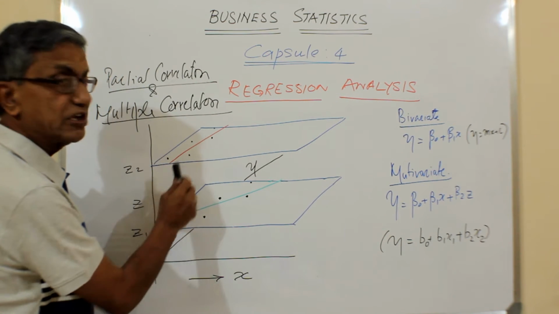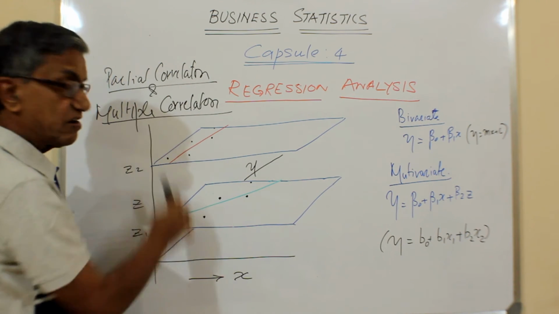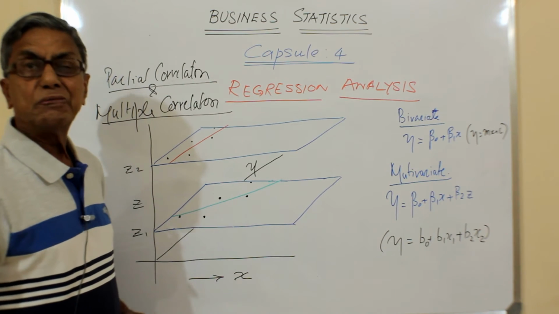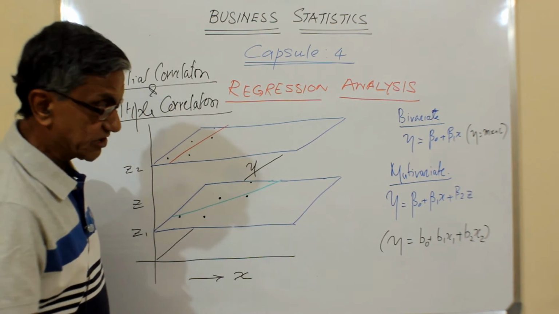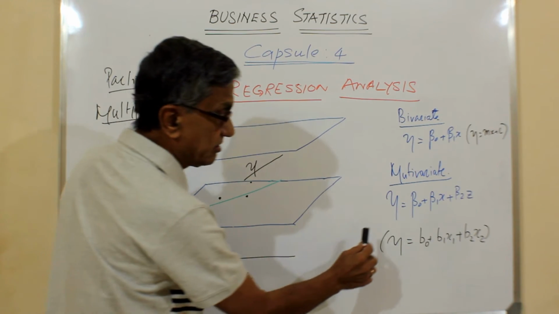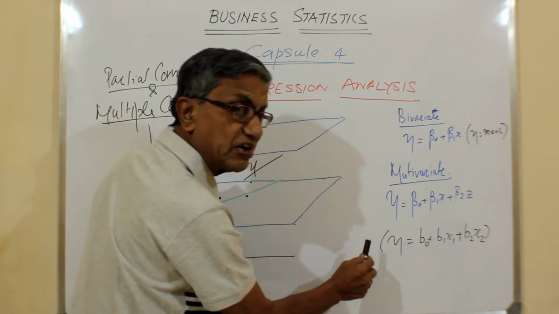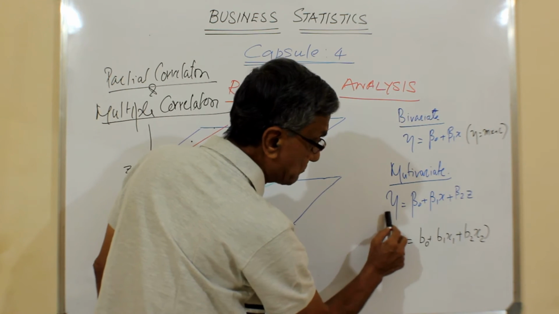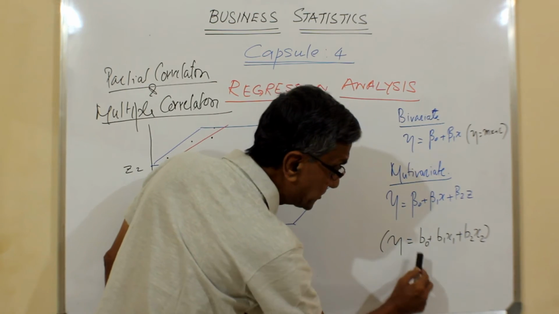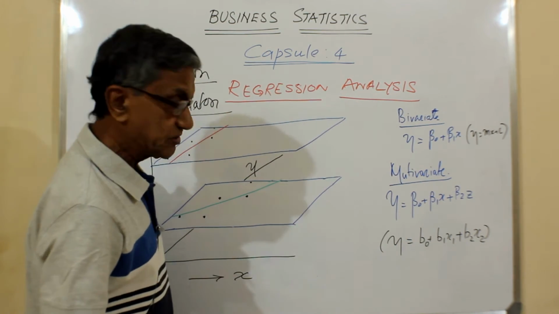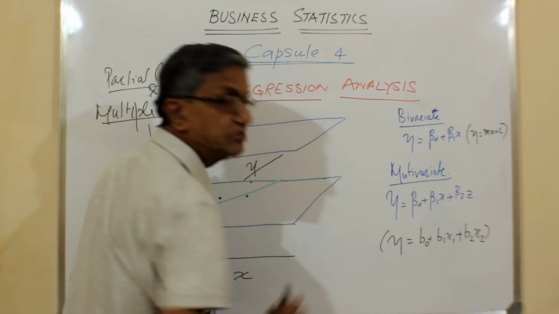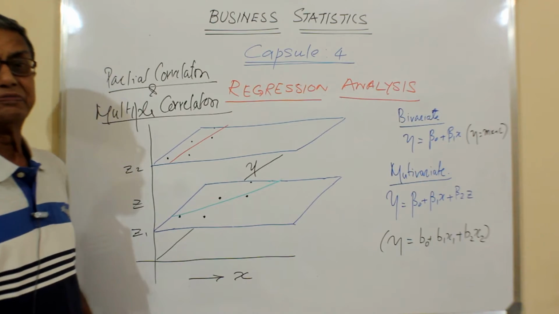That is what I am going to explain in partial correlation, followed by multiple correlation and the multiple linear regression coefficient, which is represented by this equation. The typical multiple linear regression equation is y is equal to beta 0 plus b1 x1 plus b2 z, which is similar to y is equal to b0 plus b1 x1 plus b2 x2, where b1 and b2 are the regression coefficients and b0 is the y-intercept.